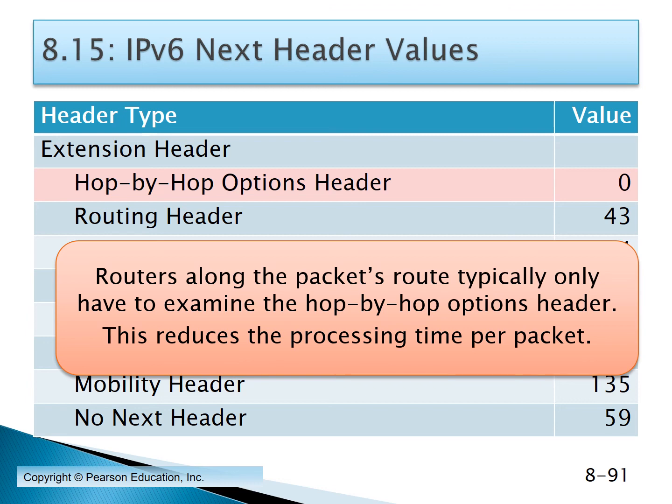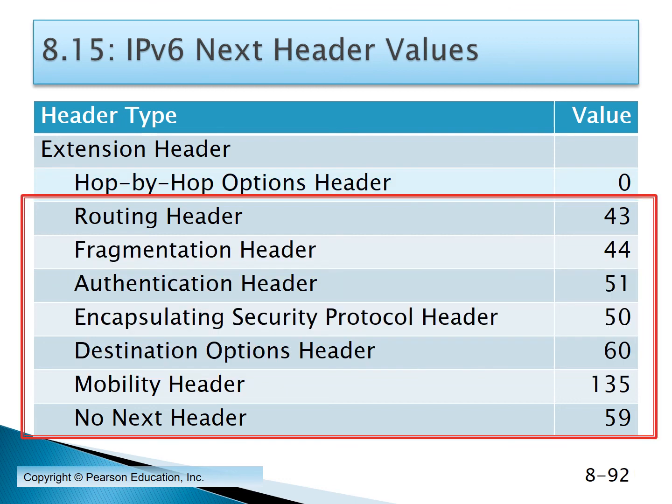Normally it's just the main header and maybe the hop by hop options header. Other headers that may not be relevant do not have to be examined. This one shows some of the common headers that may be used, like the fragmentation header, authentication, encapsulating security payload, destination options, and mobility and no next header that we have mentioned.